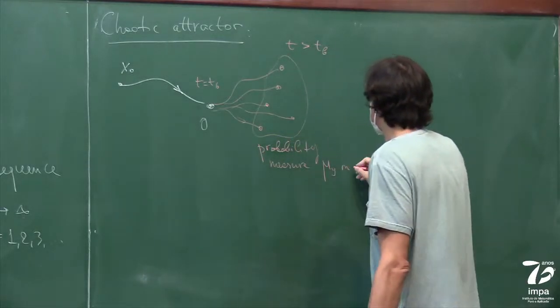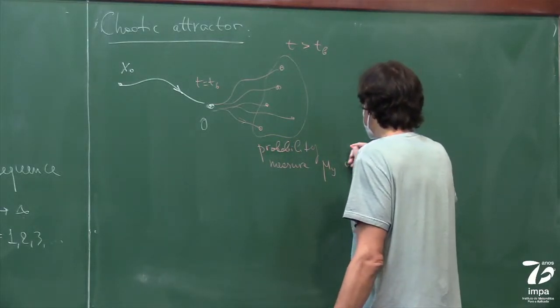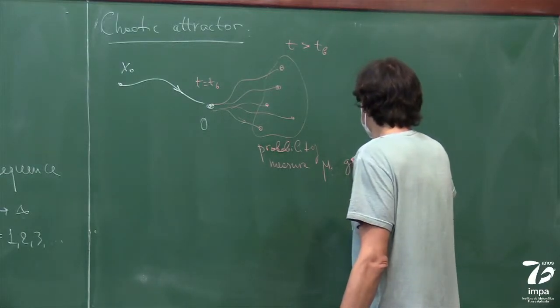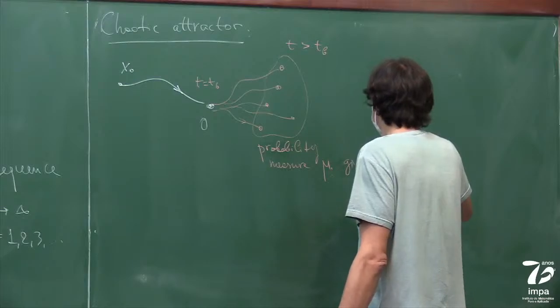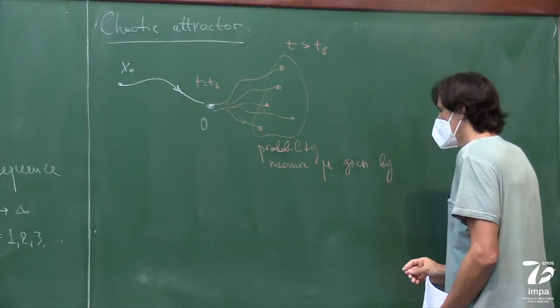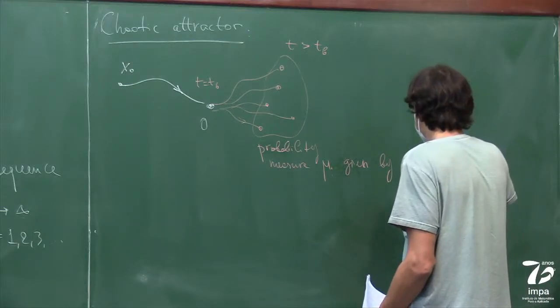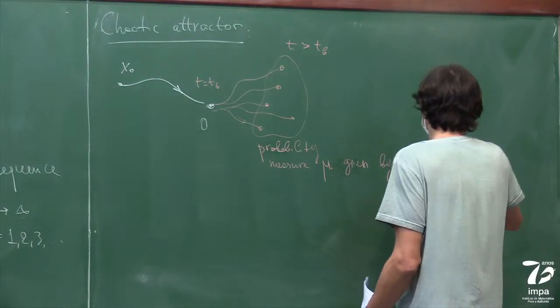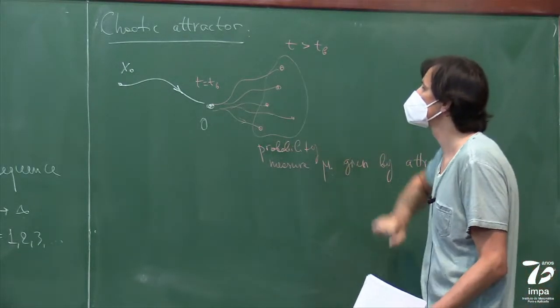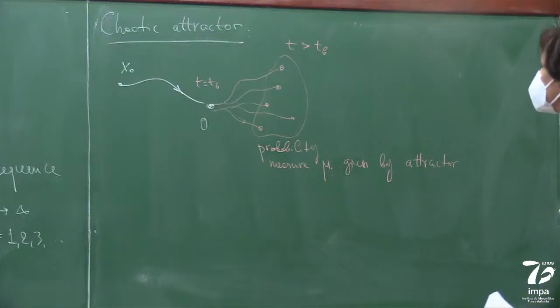So it is given by the attractor. So the attractor defines a probability measure with which you will choose the solution.